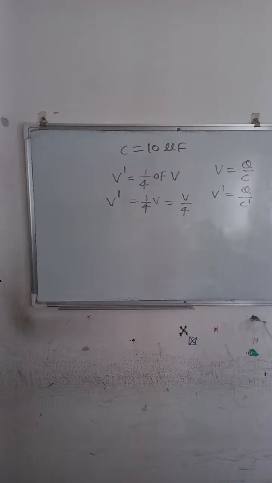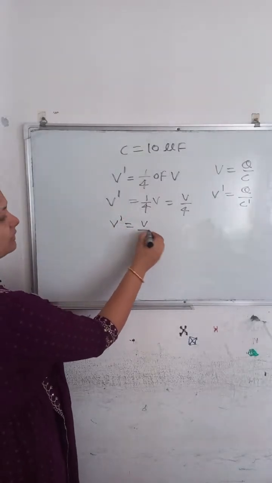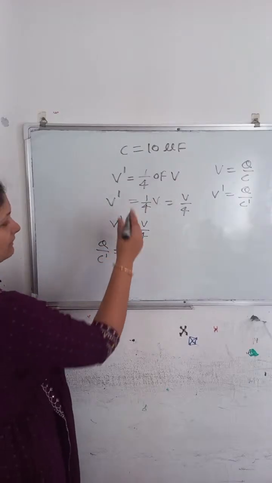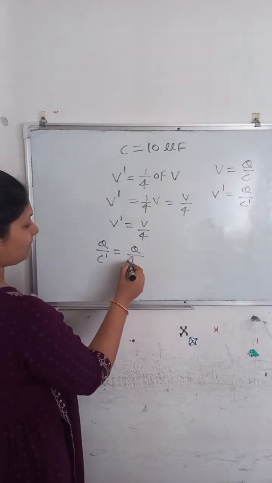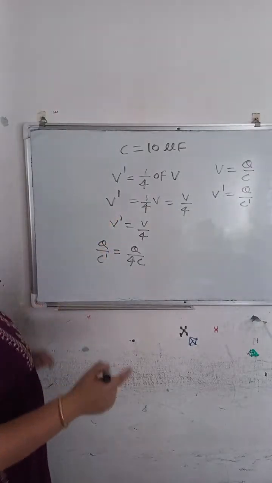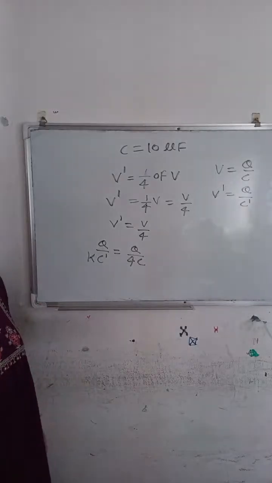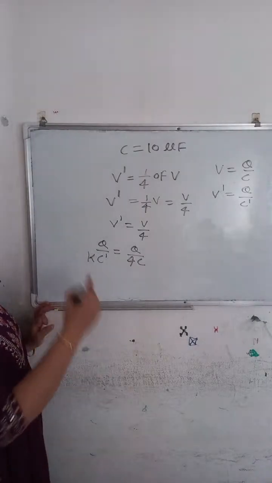And what kind of adjustment can you do here? Can you substitute here? We have V dash is equal to V by 4. V dash is nothing but Q by C dash, and V is nothing but Q upon C. But whenever you are introducing a dielectric slab, that means this is K times of C, the new capacitance.